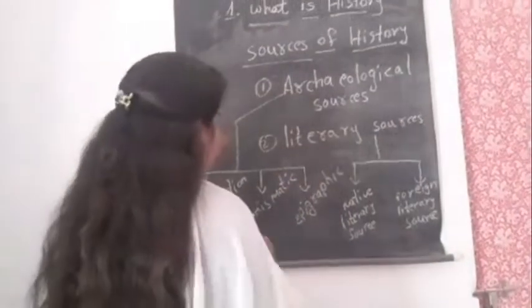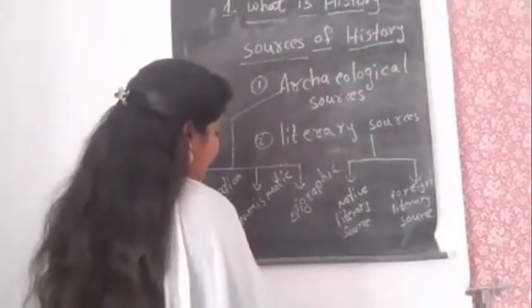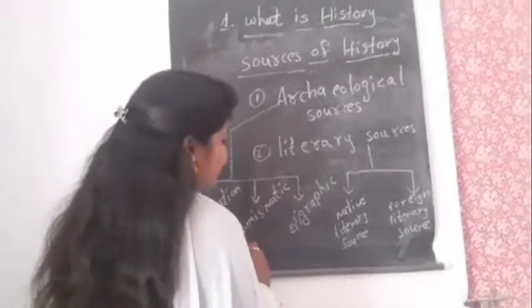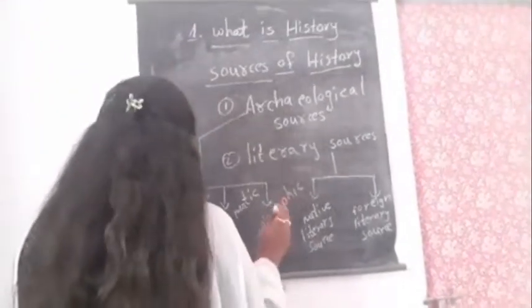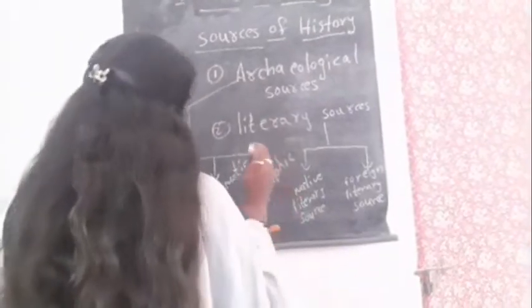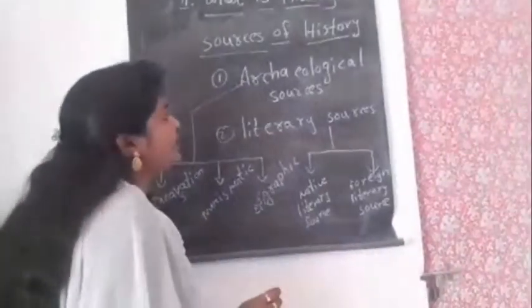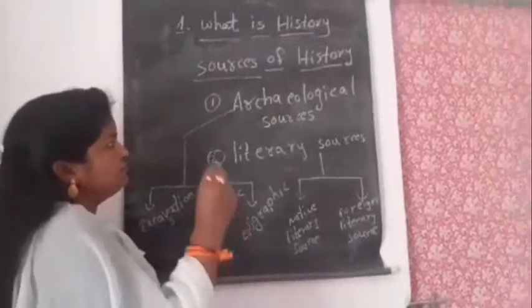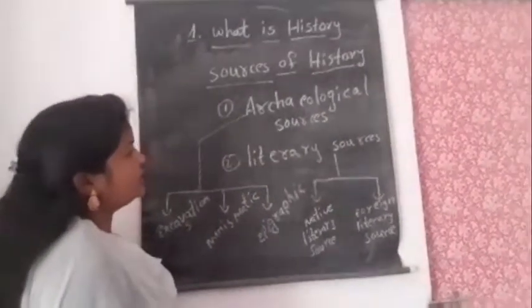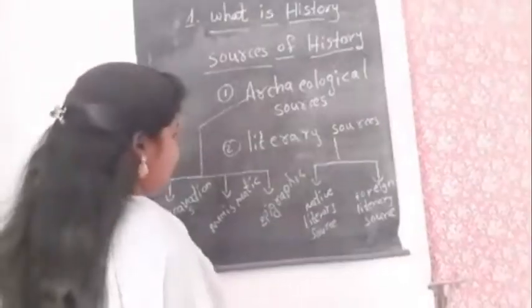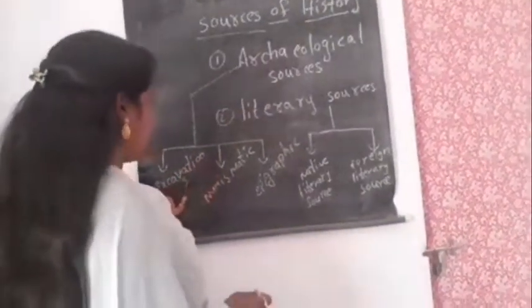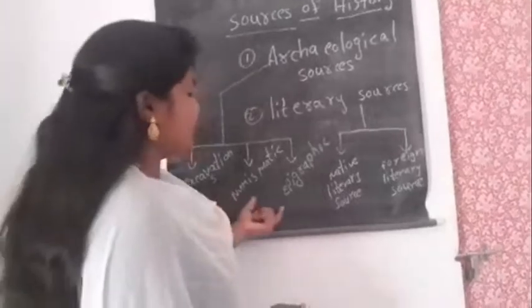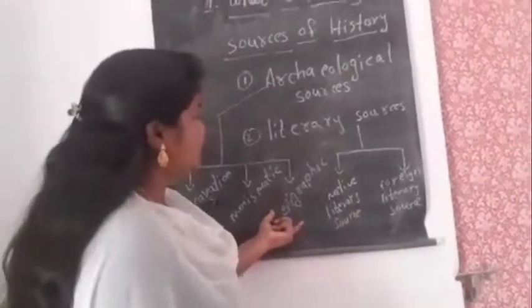And what is the meaning of excavations, and how to find them? The excavation charts, numismatic charts and epigraphic. Okay, first of all look at the chart. Write neatly. Sources of history: archaeological sources and literary sources. Archaeological sources, three types: excavation, numismatic, and epigraphic.